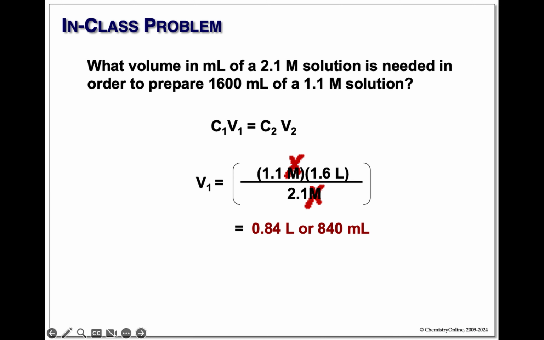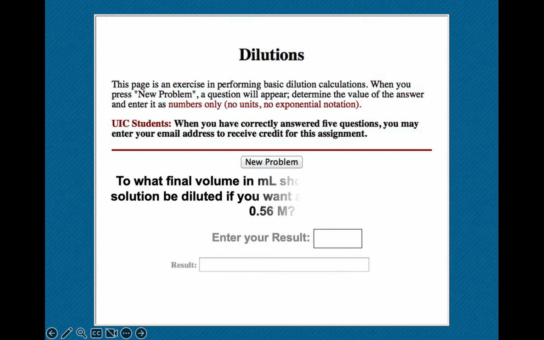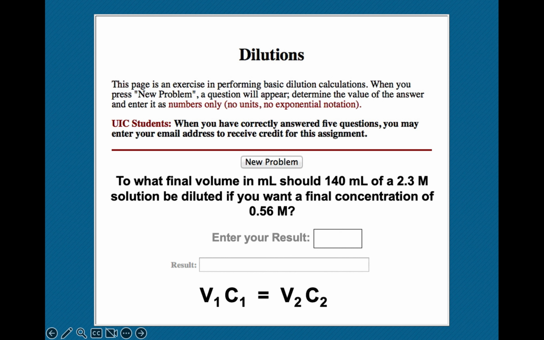And the last tutorial, called dilutions. To what final volume, that's V2, should 140 mils of 2.3 molar solution be diluted to get a final concentration of 0.56 molar? Here's our equation.